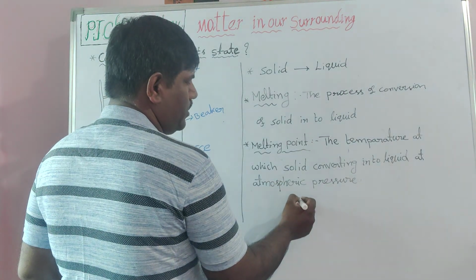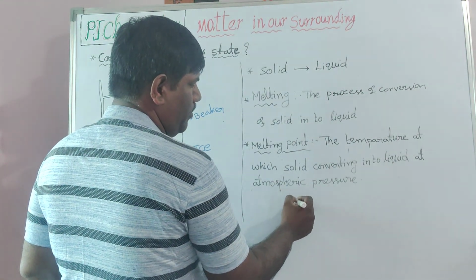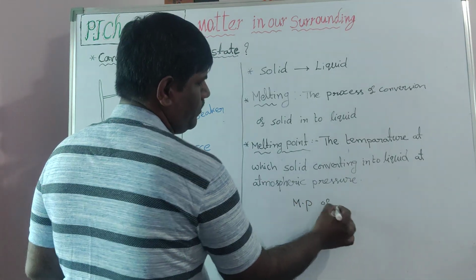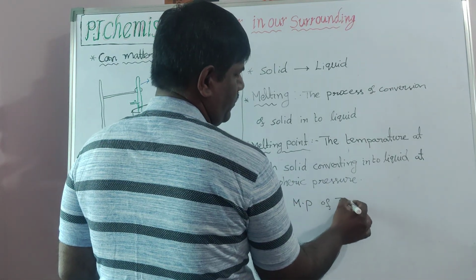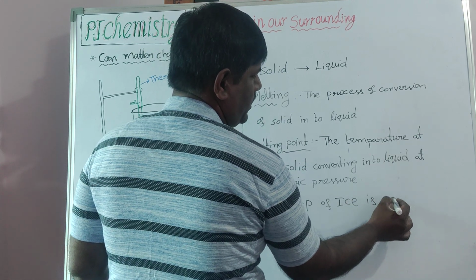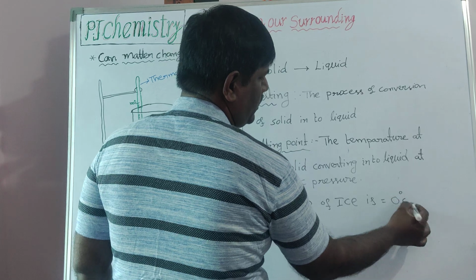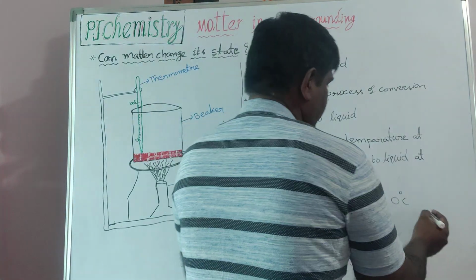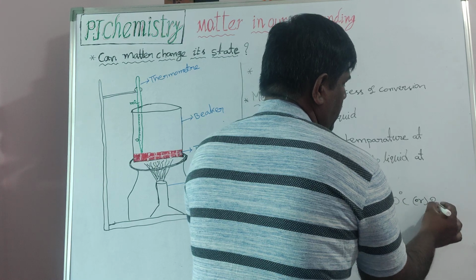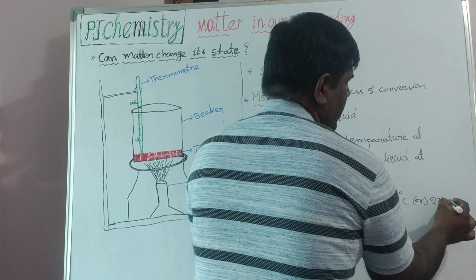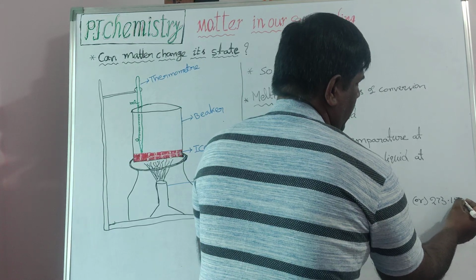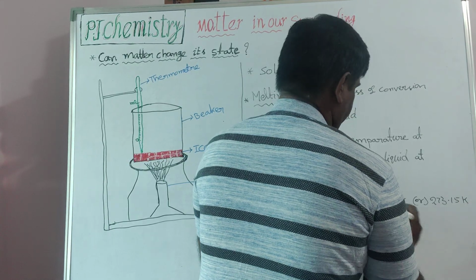The melting point of ice is 0 degrees Celsius or 273 kelvins, exact value 273.15 kelvins.